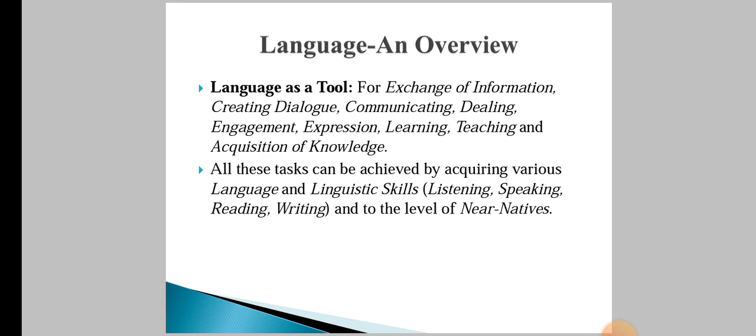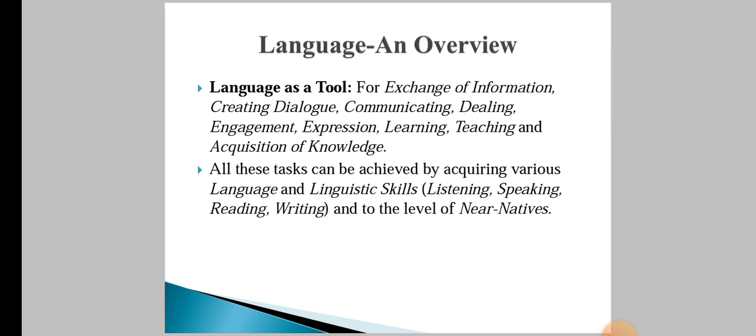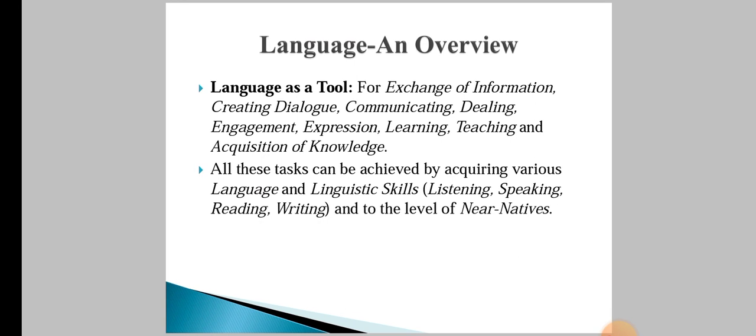When they come to school-going age, they start reading different materials, and after that they try to write and get command of communicating their ideas and information through written language also. So we can also get the near native level of language and linguistic skills if we adopt this sequence or approach.